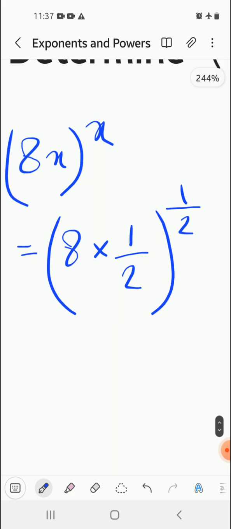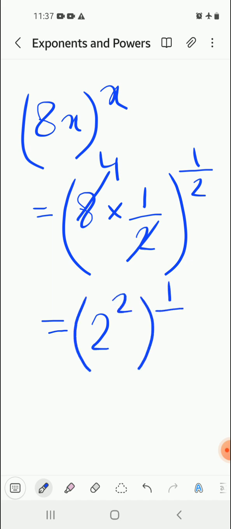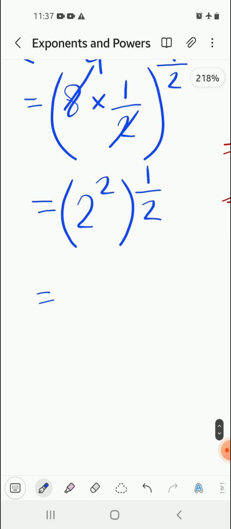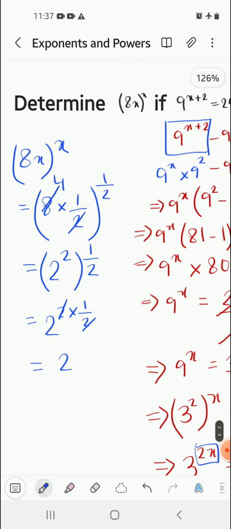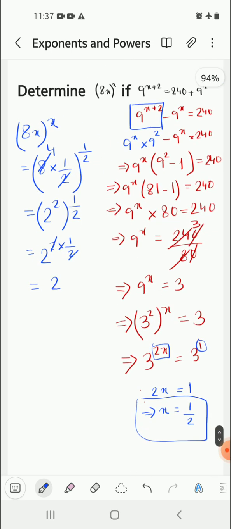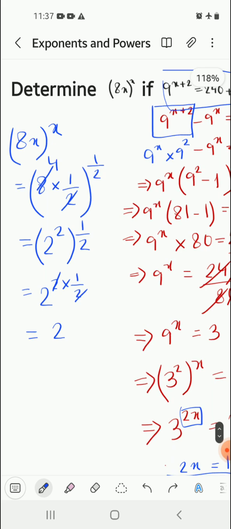Before we feel it's very complicated, it's simple. Simply cancel it out and write 4. 4 can be written as 2 square, and this within brackets, to the power half. Within brackets means the 2 powers are multiplied. So cancel it out. So the value of x from here would be half, and whatever we were asked to determine, the answer for this is here.